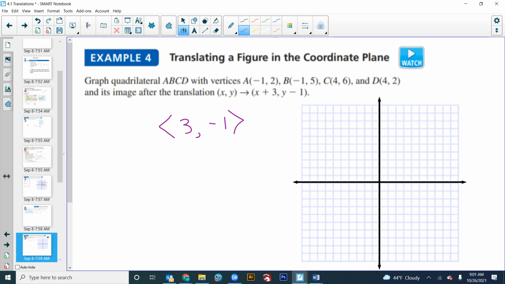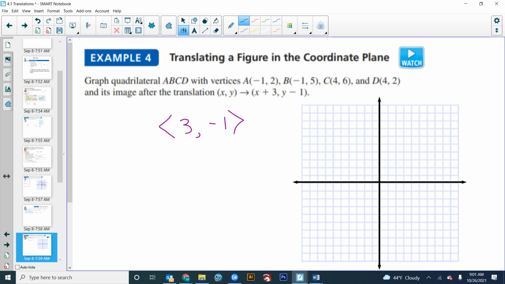Yeah, pointy. What else would you want to use? Parentheses? What would parentheses mean? A point. Yeah. A vector has, I'll spare you, direction and magnitude. So it's not just a singular point. It's telling you to move this many units left or right and this many units up or down.